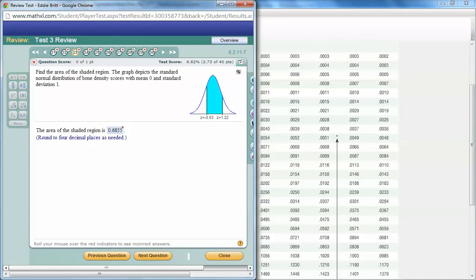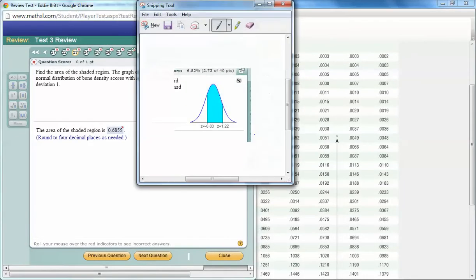Alright. So now we want to find the area between these two z-scores. What you want to do is find the area to the right z-score, because that's going to give me everything up to that point.